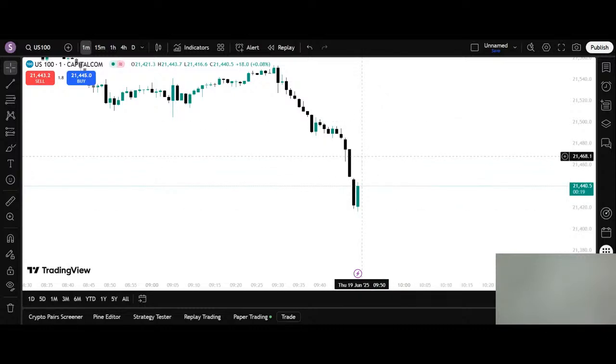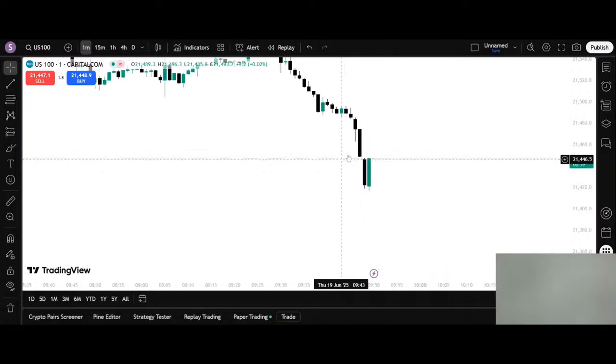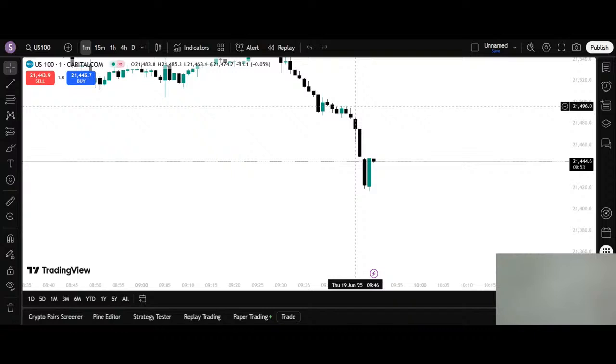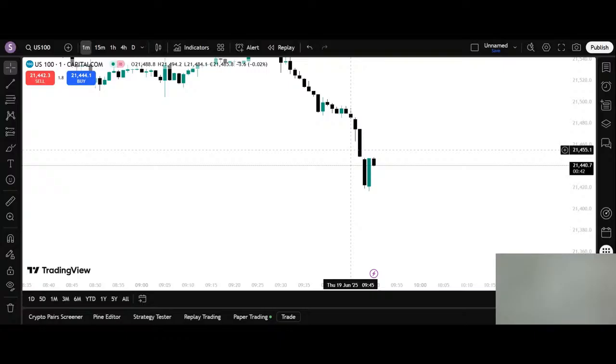If I can find a trade till 465, I'll take a sell, because I don't think it's going to go up that rapidly. An FVG has been formed. 465 is it, to be honest.